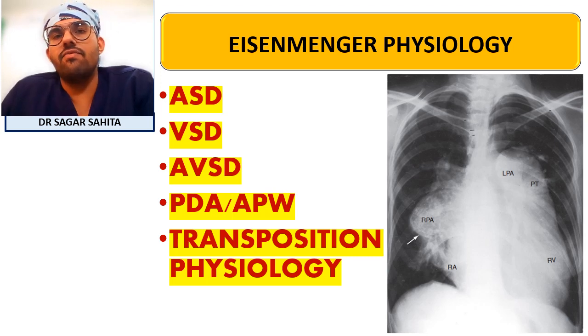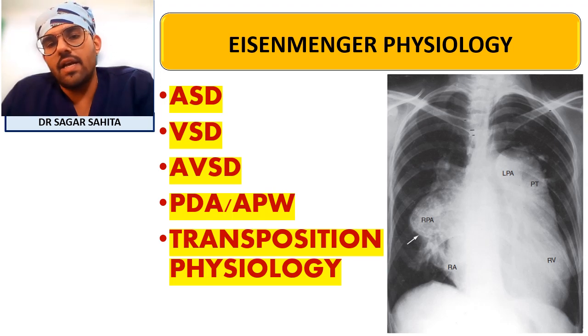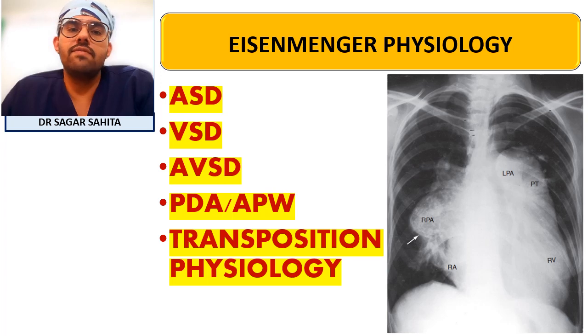So in a case of VSD, that would mean the shunt reversal. In a case of PDA, that would mean shunt reversal. In a case of transposition also, because of high QP, high pulmonary arterial hypertension, it can lead to early pulmonary vascular occlusive disease.